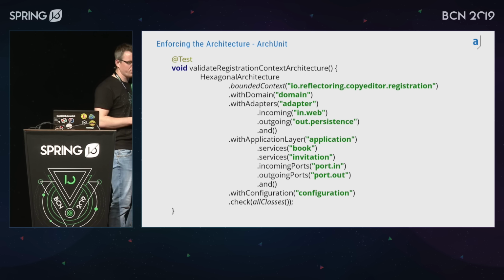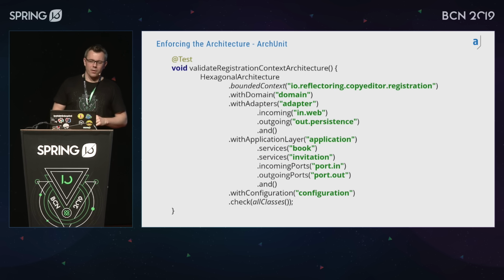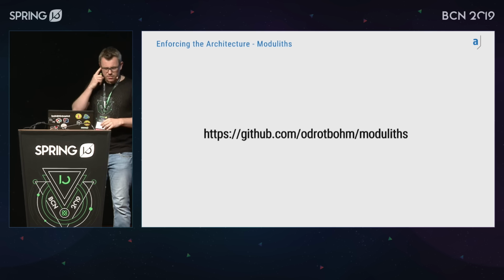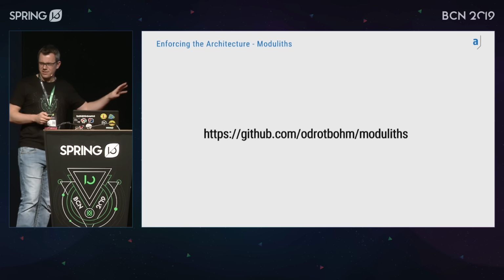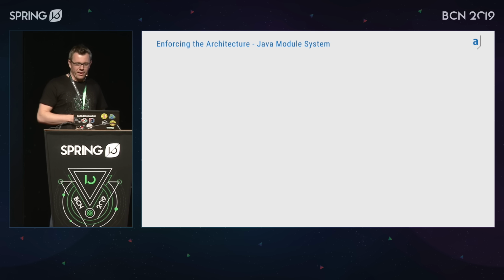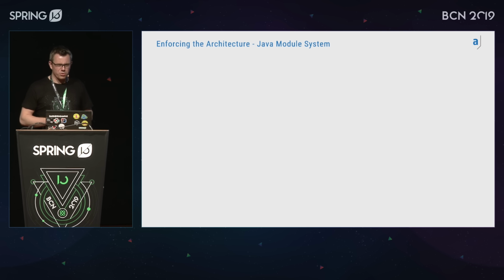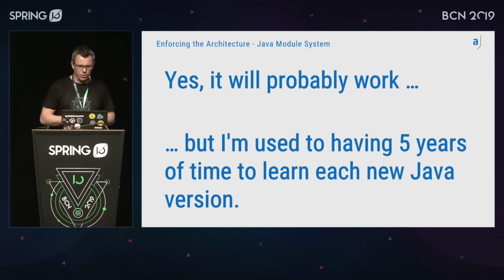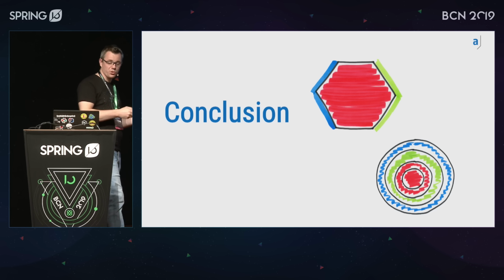I'm only using it here to enforce package dependencies. Or we can use the monoliths approach by Olli, which he introduced yesterday. I just added this slide after the talk. We can use Java modules, which will probably work too, but I'm used to having a little more time to learn new Java stuff, so I haven't looked at it yet. That's about enforcing the architecture, which is important.